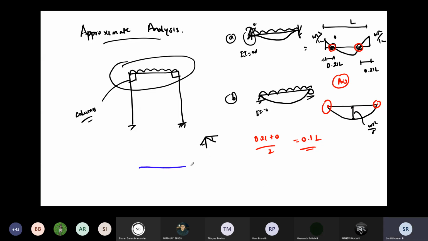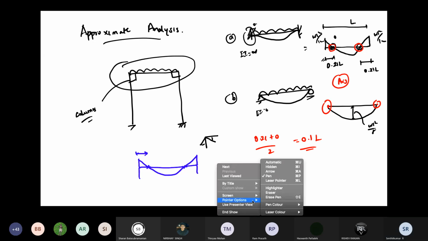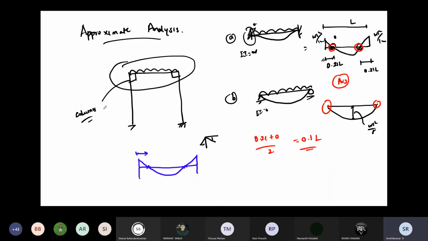This is my beam, and here is the column. This is an approximation.